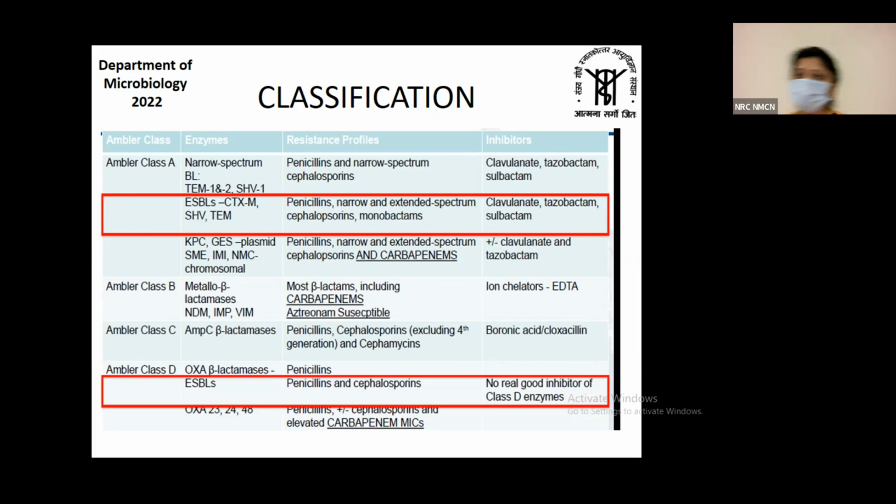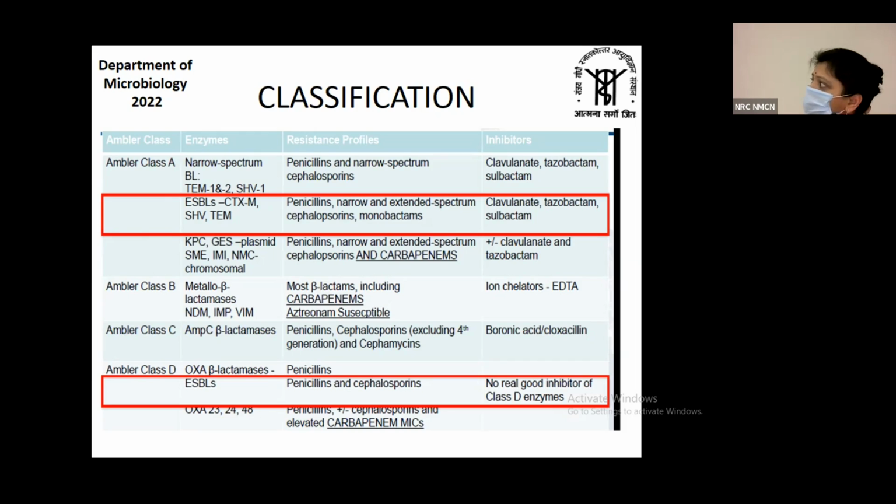Now our isolate was resistant to the 3rd generation cephalosporins also, as well as ampicillin and the 1st generation cephalosporin. So when we add the word extended to the beta-lactamases, it means that the isolate is going to hydrolyze the 3rd generation cephalosporins as well. If it is an ESBL producer, it means that it belongs to this category of enzymes.